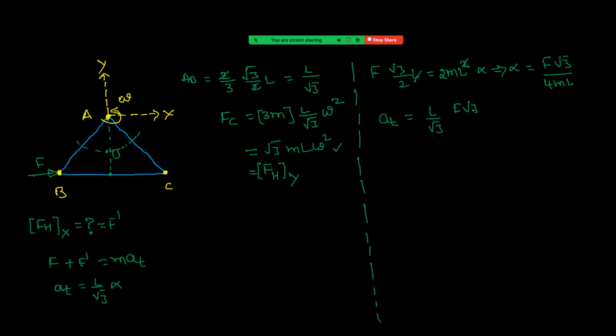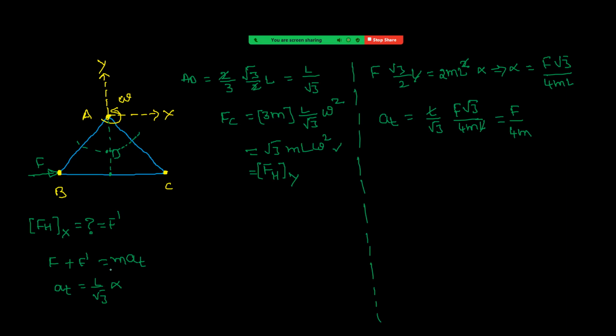Alpha is now F root 3 upon 4ml. L gets cancelled. It is F by, oh wait. Yeah, what we are doing here? Right. It is a_t equal to r into alpha. Root 3 gets cancelled, F by 4m.